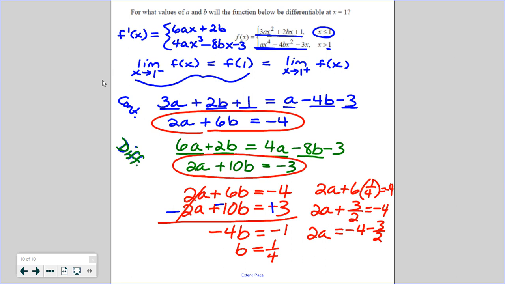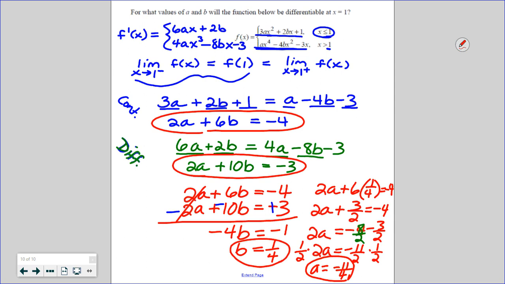I would find the common denominator, making this -8/2. So we get 2a equals -8 minus 3, which is -11/2. Then I'd multiply by 1/2, and we get a equals -11/4. But we've done it. These are the values of a and b that make the function differentiable at x equals 1.